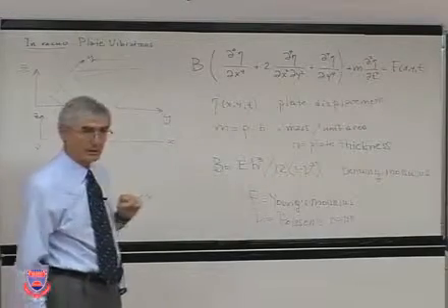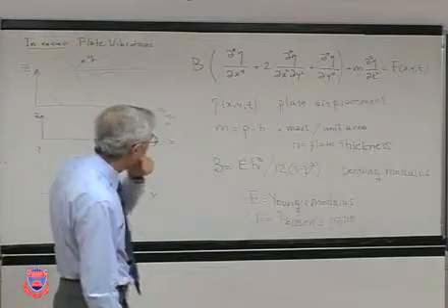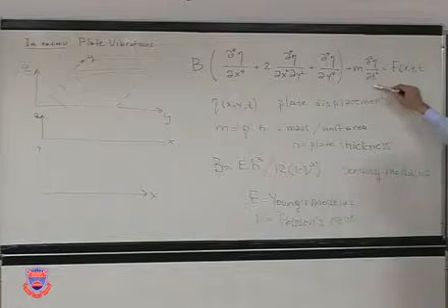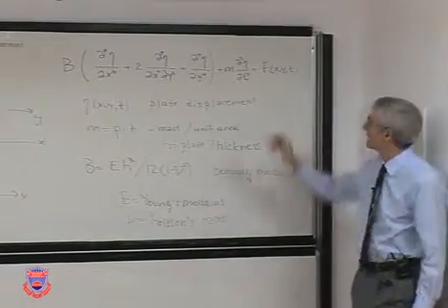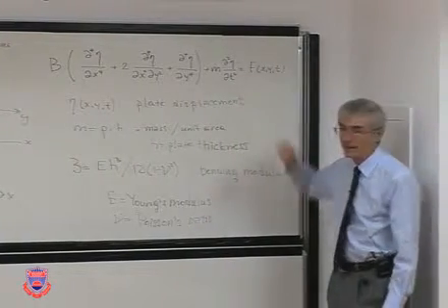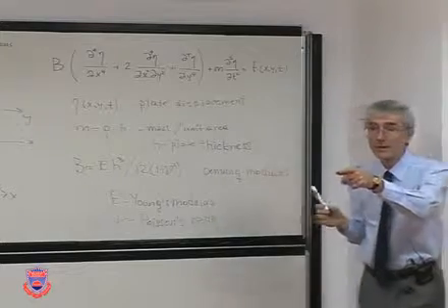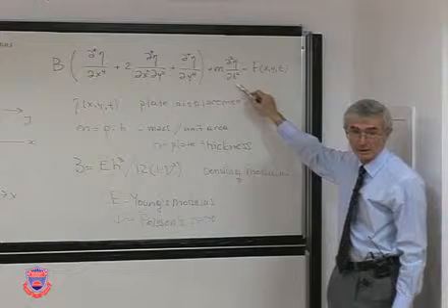Now, when you look at this, what does this represent? Remember, all equations tell us something. What does this term tell us? Say again? Acceleration. Exactly. This is an acceleration, displacement double derivative.